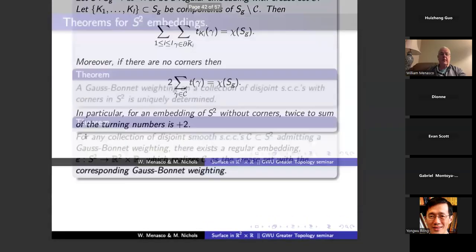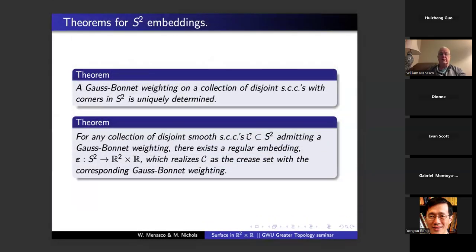Any collection of disjoint simple closed curves admitting a Gauss-Bonnet weighting, there exists a regular embedding of that surface into R2 cross R such that this system of curves realizes an embedding that has this Gauss-Bonnet weighting. And by Gauss-Bonnet weighting, I mean the turning number that's associated with a particular curve.